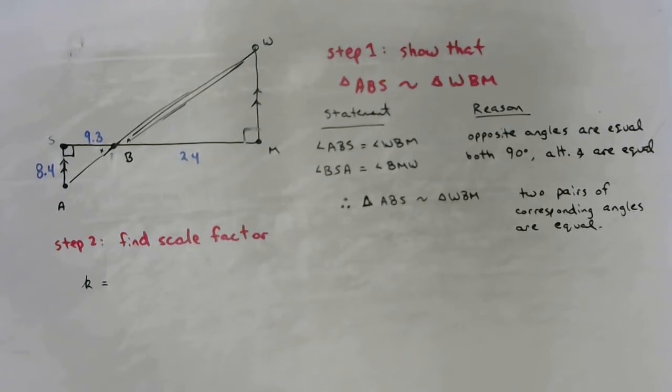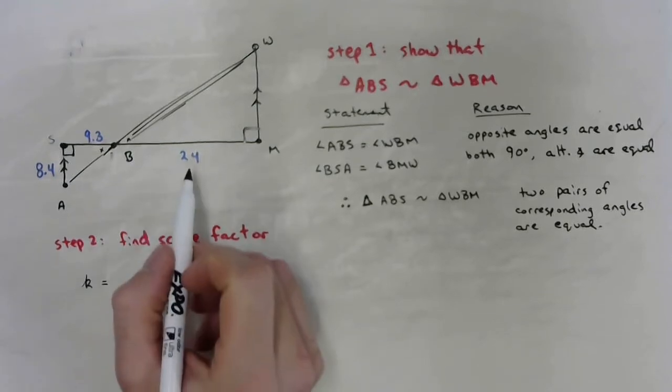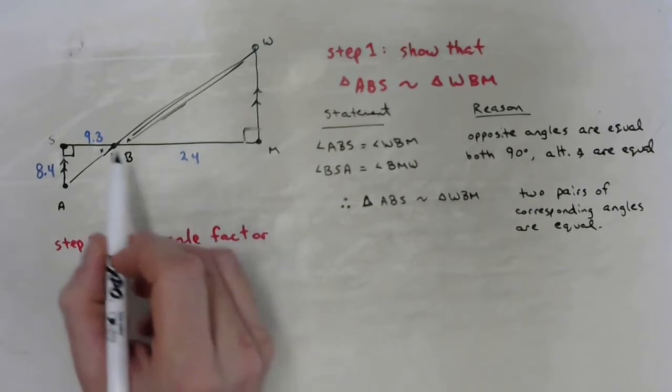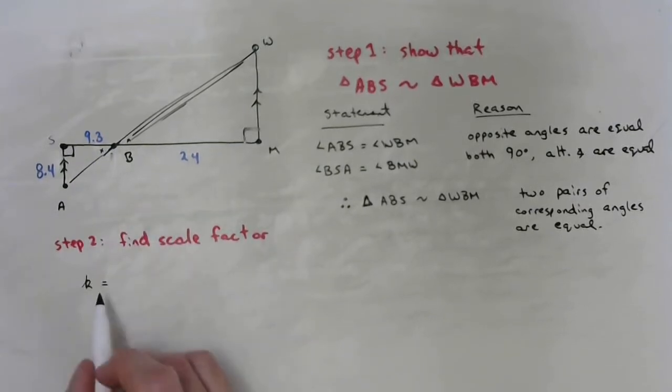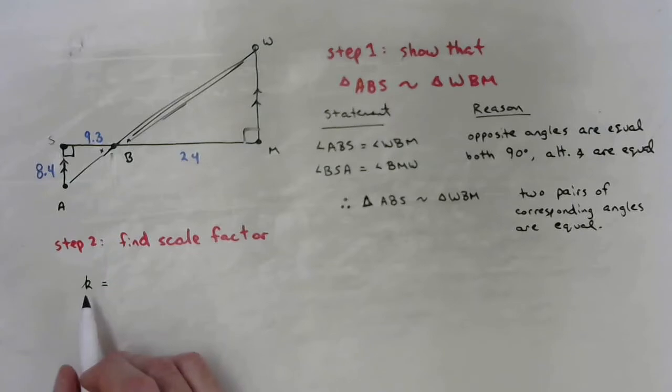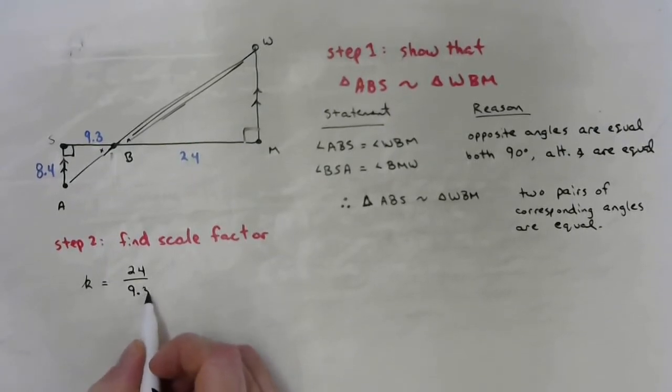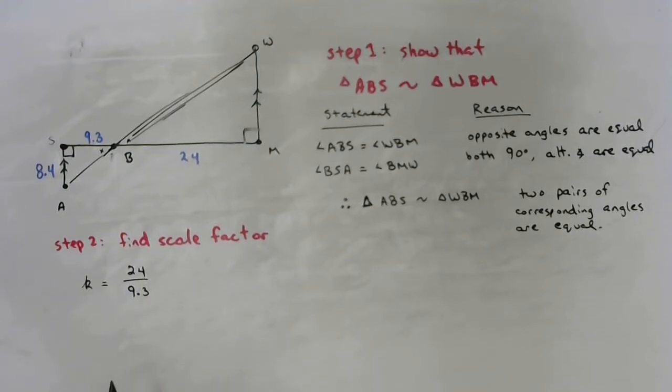We know that BM corresponds to SB, so 24 relates to 9.3 by this scalar factor. The scalar factor is 24 over 9.3. That ratio will hold true for any of the corresponding side lengths in the similar triangles.